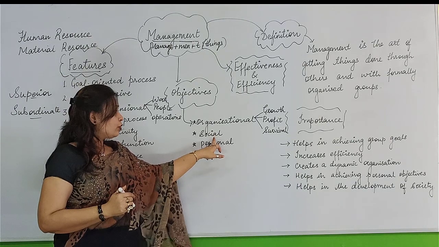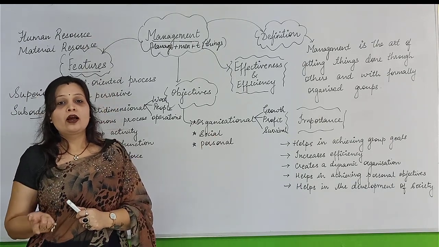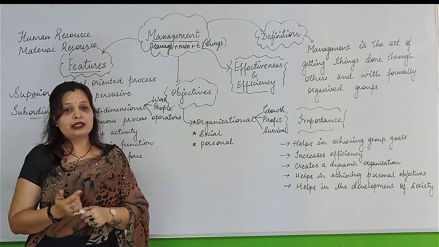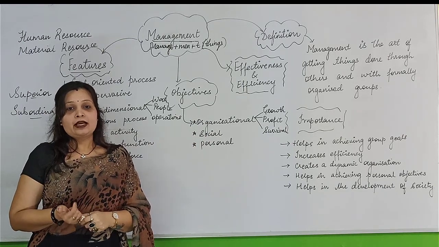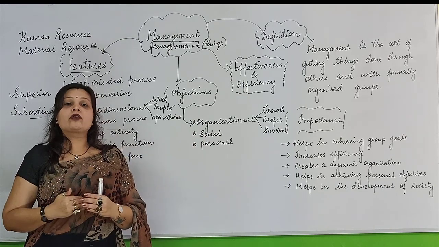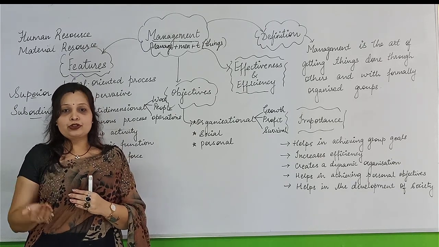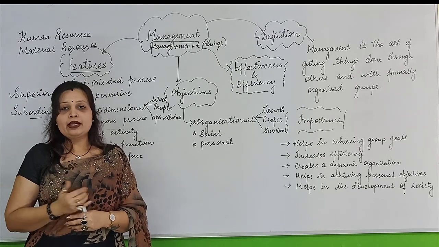And here in social objectives, the first social objective is to generate employment opportunities. If you are working in an organization, we need to create many employment opportunities so that people in the society get employed and improve their living.